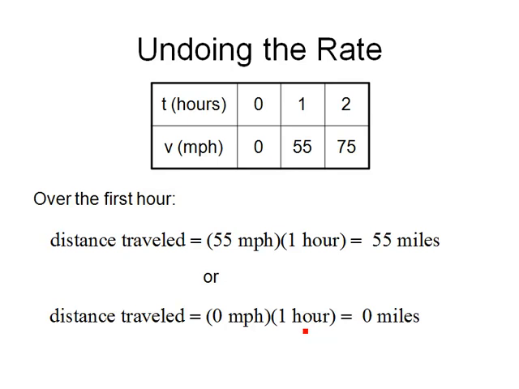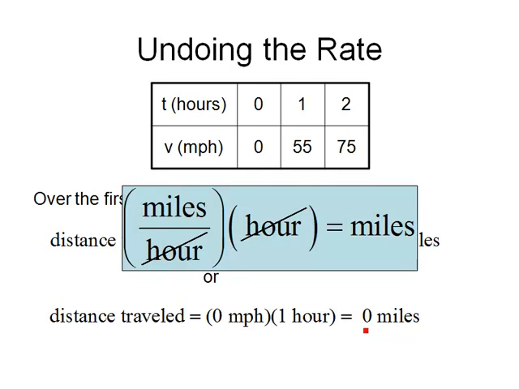In that case, 0 miles per hour for 1 hour would take me 0 miles. So over the first hour, I could have traveled as far as 55 miles or as little as 0 miles, depending on what I take as my estimate for the speed over the first hour.